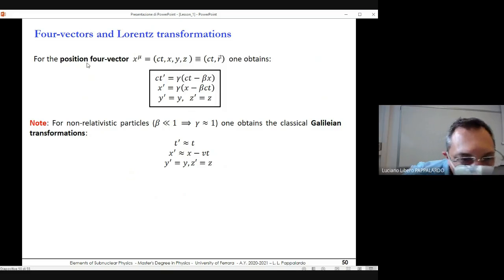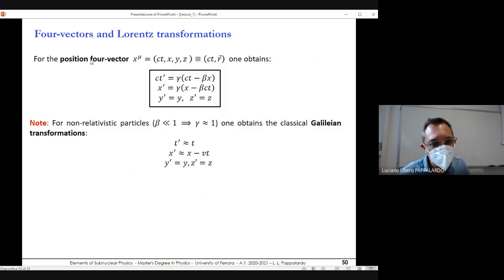Now, it is interesting to note that for non-relativistic particles, when beta is much, much smaller than 1, and so gamma is almost 1, when you apply this to the Lorentz transformation, you obtain back the classical Galilean transformation. So in the first one, you put beta very small compared to 1, so that you can neglect this term, and you essentially get gamma equal to 1, and you get just that the time is uniform, okay?